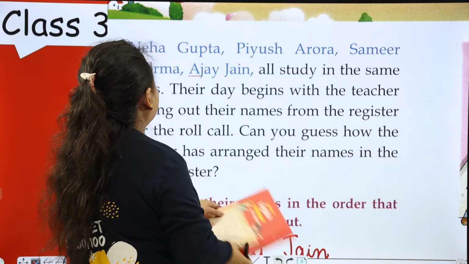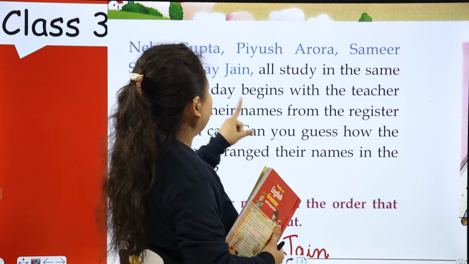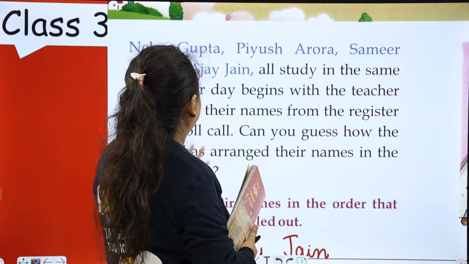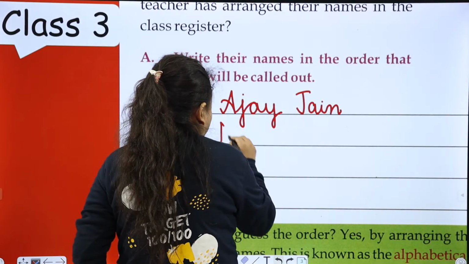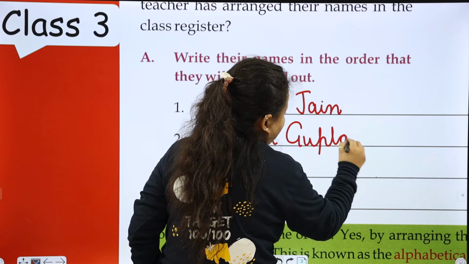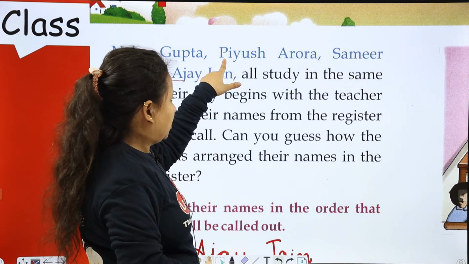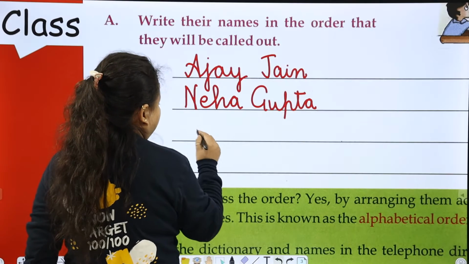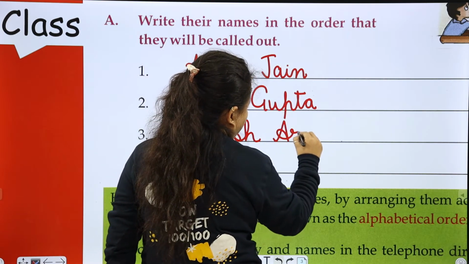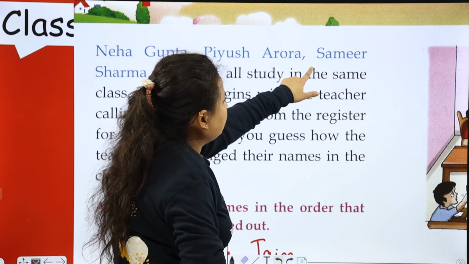Now, the second letter: this is A, now B, C, D, E, F, G, H, I, J, K, L, M, N. So, the second name is Neha Gupta, N. Now, next is N, O, P. So, the third name is Piyush Arora, and the last one is Sameer Sharma.